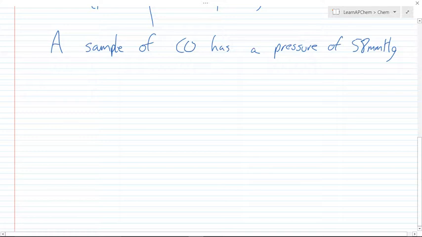Okay, I'll just continue doing practice problems, but if you want me to explain VSEPR, I can do that maybe after or at any point. There's a pressure of 58 millimeters of mercury and a volume of 56.0 milliliters.